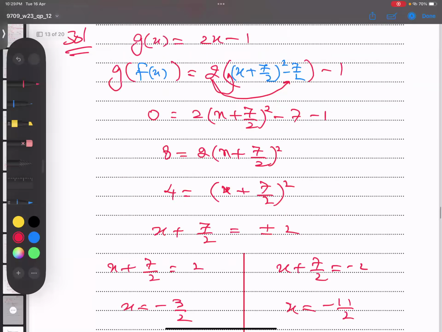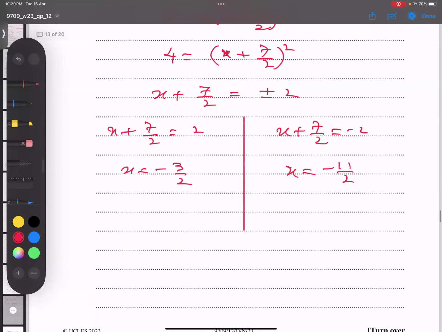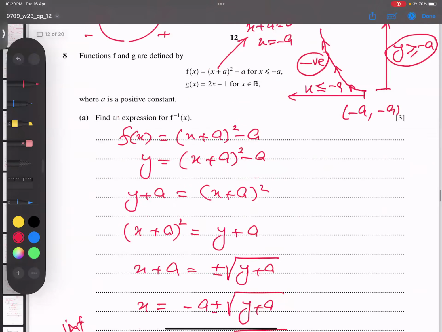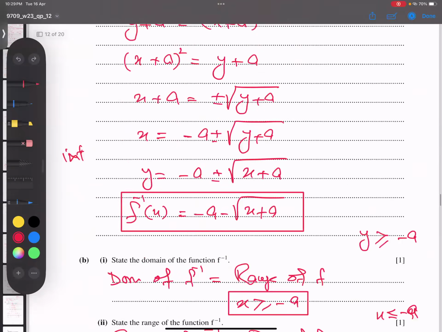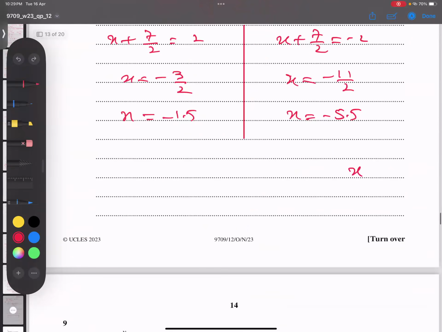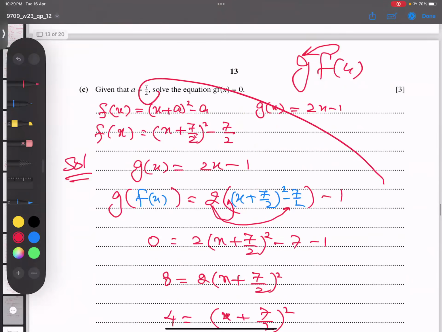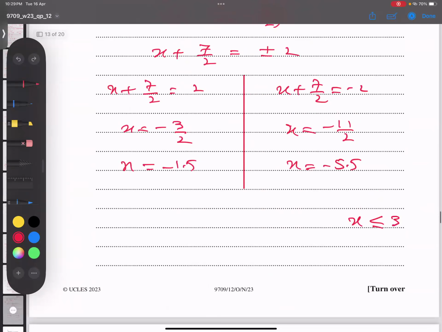But students, one thing is very important to know. In decimal this is negative 5.5, and this is negative 1.5. If you look at the domain, what is the domain? If you look carefully, the domain is x less than negative a, which is negative 7 by 2, so negative 3.5.